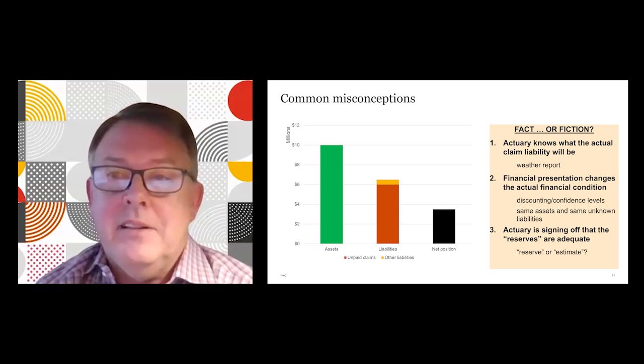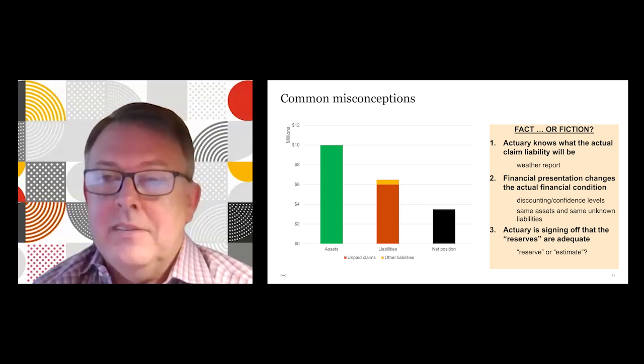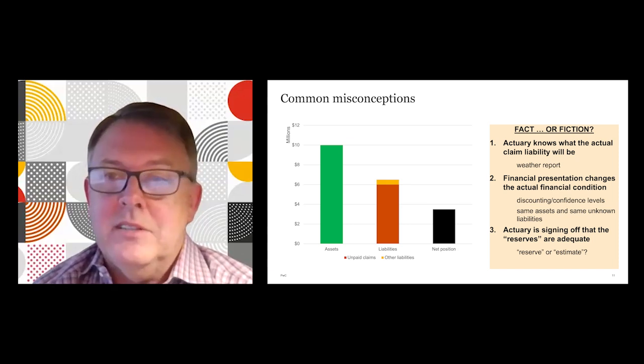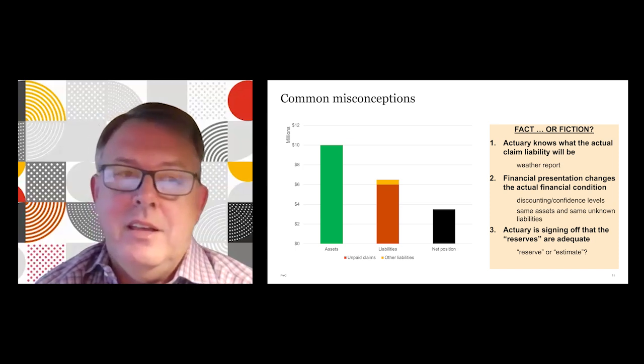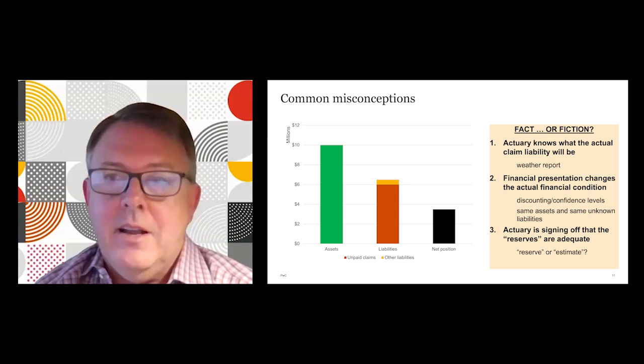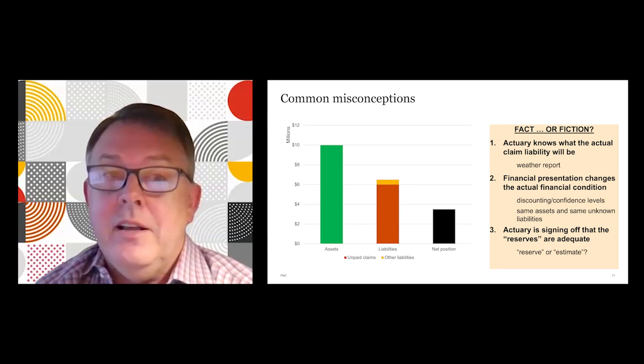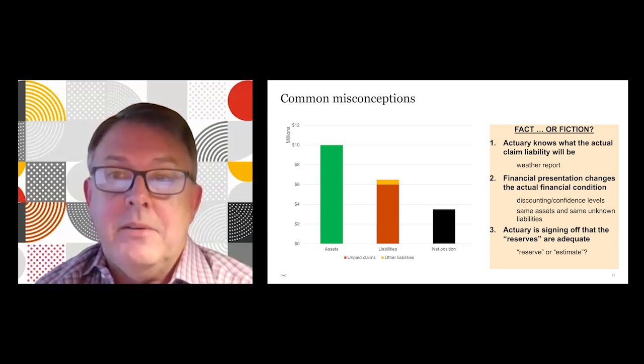That's not what's happening. The actuary is giving you an estimate, and they're saying that estimate is reasonably stated. The actual reserves, meaning the adequacy of that net position to handle the volatility that's inherent in these estimates, that's a whole other level of discussion. So be careful with the word reserve. If you're hearing it, get clarity on what they're talking about.